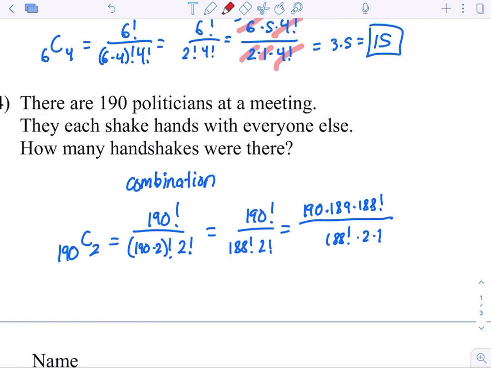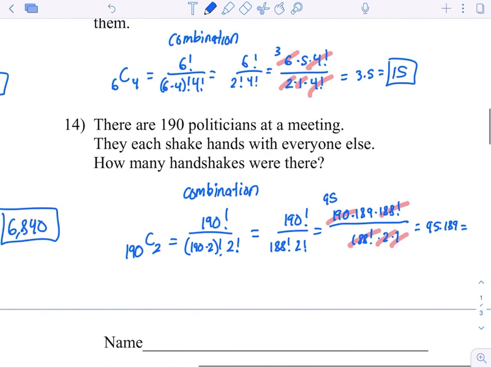So these cancel. The 1 cancels, the 2 cancels with the 190, so that's going to be 95. So you guys are going to get 95 times 189, which is equal to 17,955. So hopefully this helps.